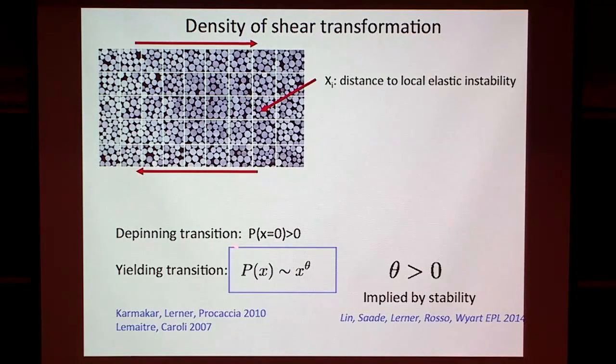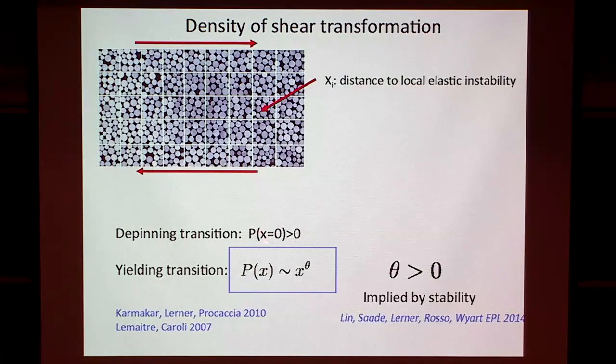It turns out that at the depinning transition, if you define the same quantity, you could look at the distribution of all those x, of those local distances to threshold, and it would be boring. So when x goes to 0, this would go to a constant.